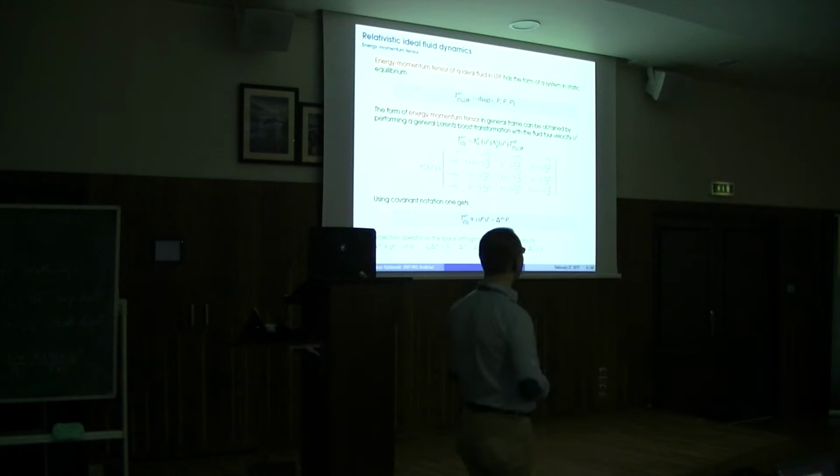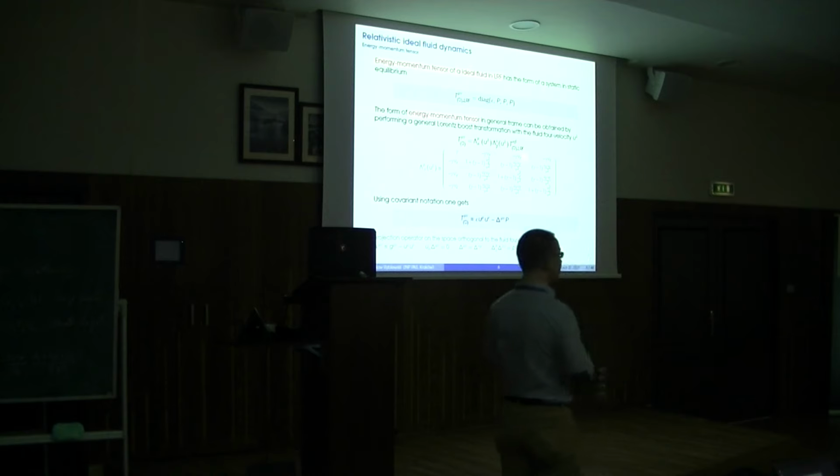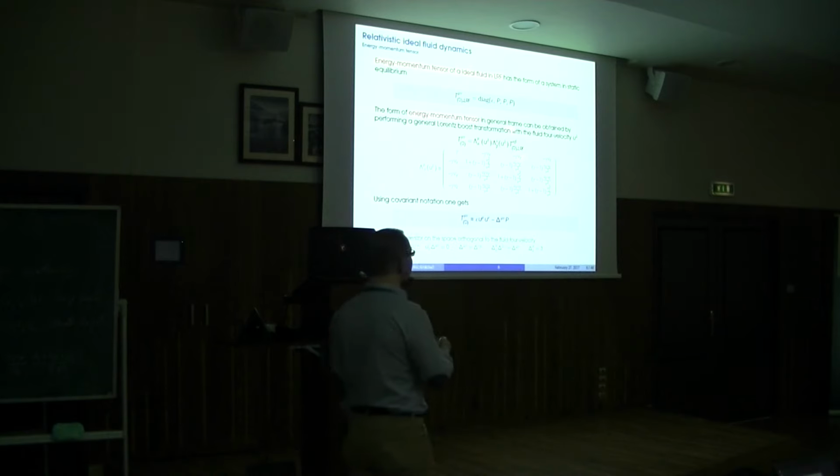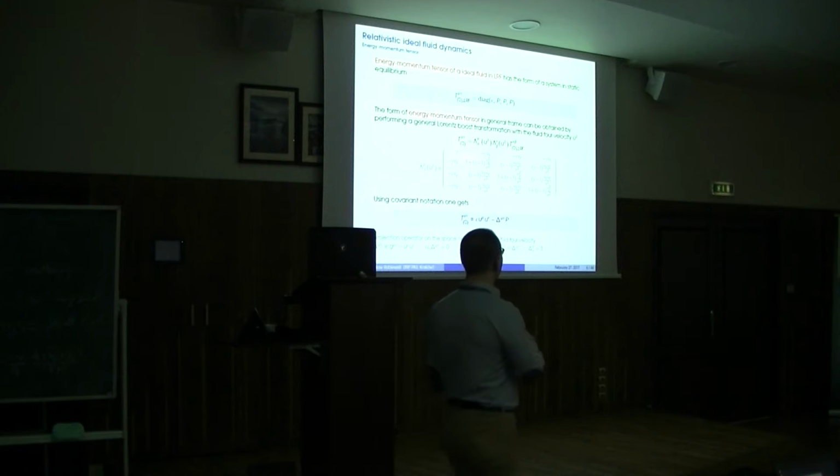That is, in the directions x, y, and z, the pressures are equal. And this is what the energy momentum tensor looks like in the local rest frame of the fluid element. In order to obtain the form of the energy momentum tensor in a general frame, the simplest thing we can do is to apply the Lorentz transformation and transform it to the general frame.